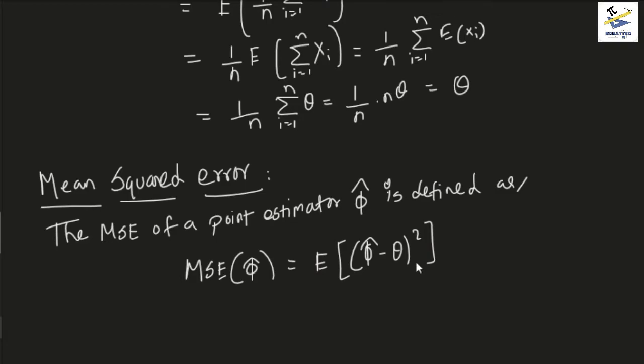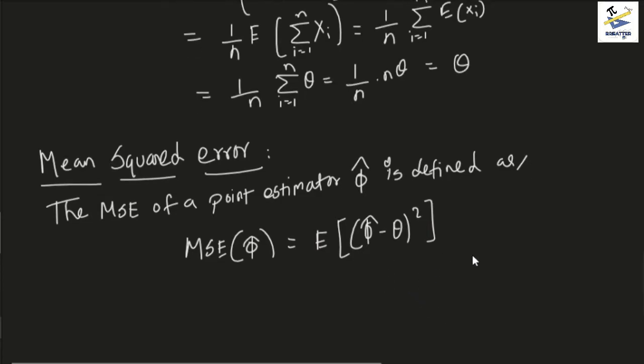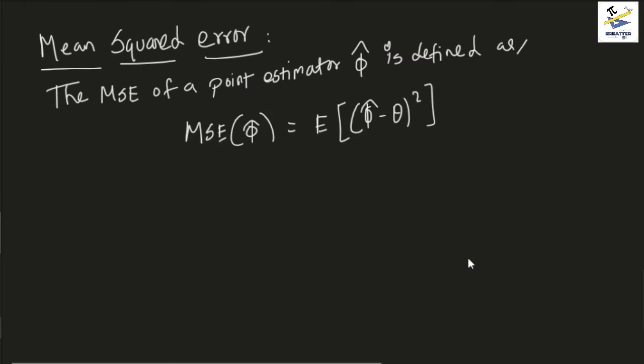And in statistics and probability, when we say mean, we always mean the expected value, because the parameters and everything else can be a continuous random variable or a discrete random variable, and we need to do integration or summation over that. So that is one way.